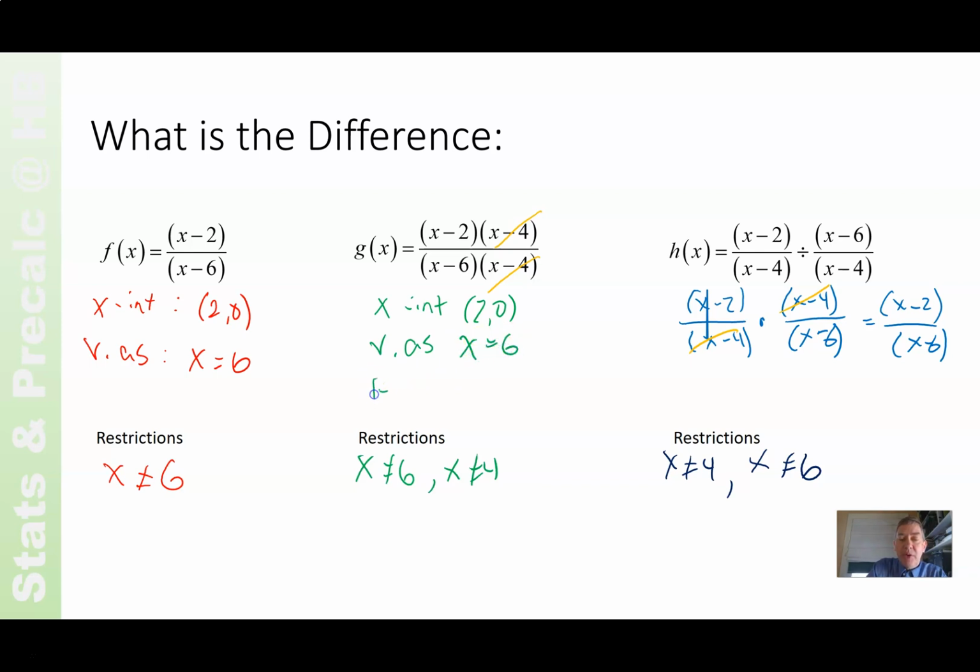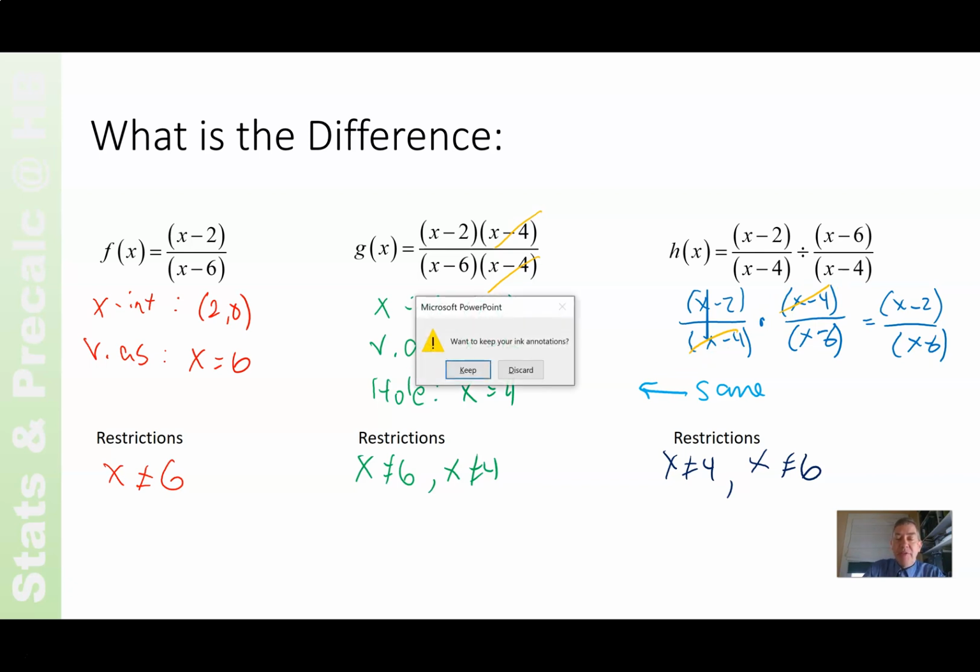But it also has a hole at x equals 4. More about the y-coordinate of that hole in just a second. Well, about a minute and a half, but there we go. The third one has the same information as the second one. It has an x-intercept at 2, 0 because there's a 2 in the numerator, a vertical asymptote at x equals 6 because of the x minus 6 in the denominator, and a hole when x is 4 because of these. Let's take a look at the graph.